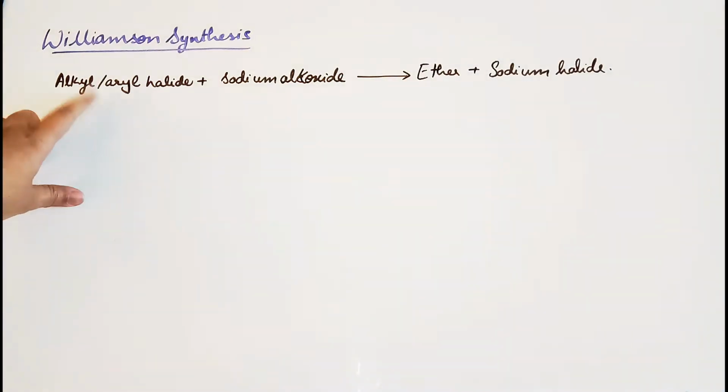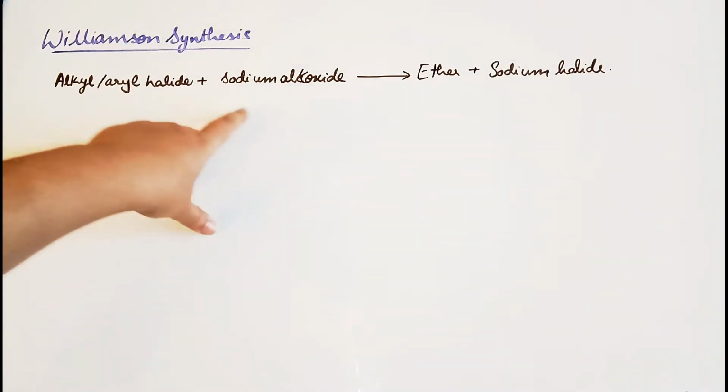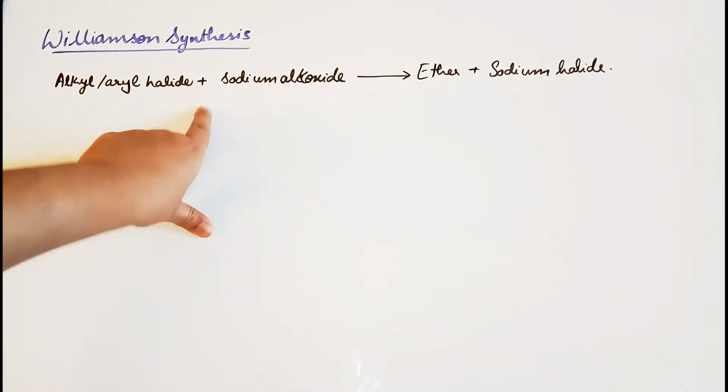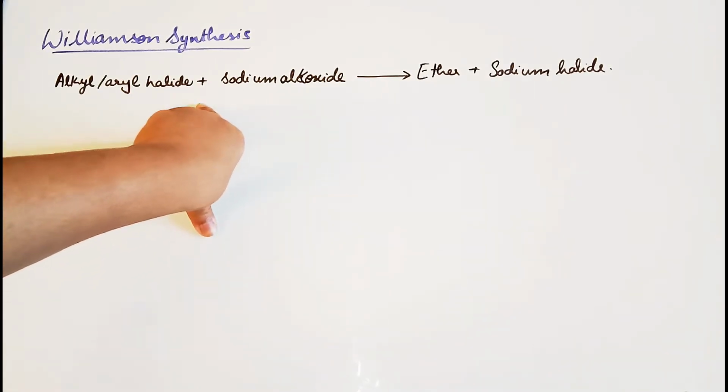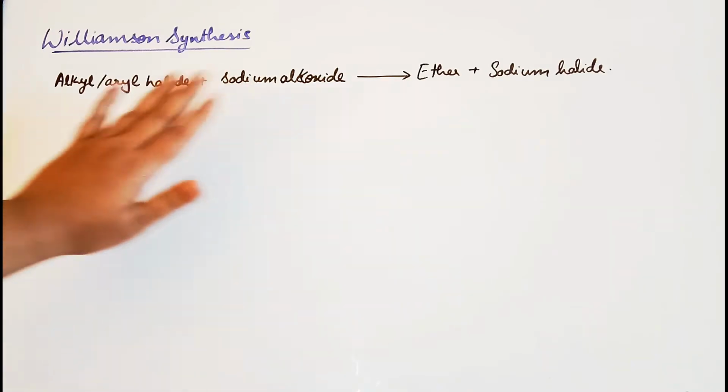So, alkyl or aryl halide reacts with sodium alkoxide to give rise to ether and sodium halide. That is the basic idea behind Williamson synthesis.